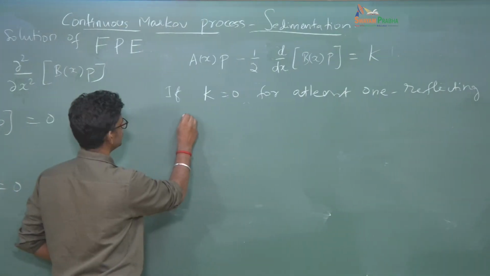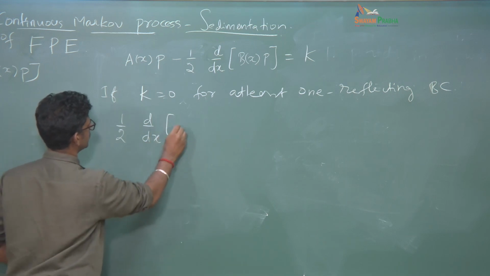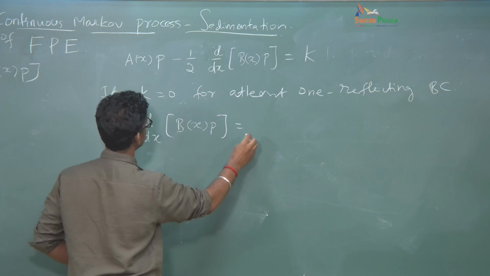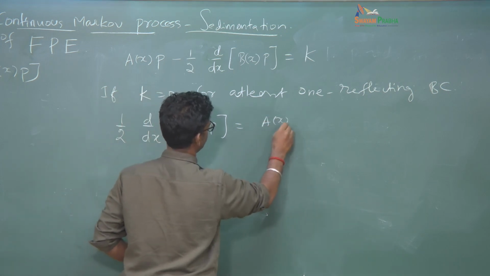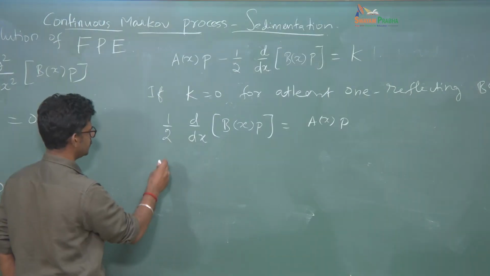So then we can write 1/2 d/dx of b(x)p is equal to a(x)p. So let's rewrite this.